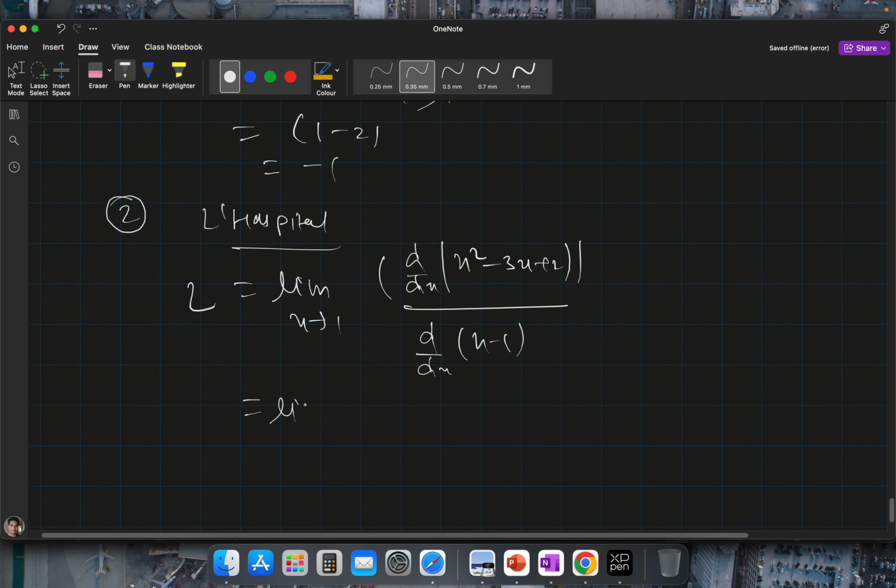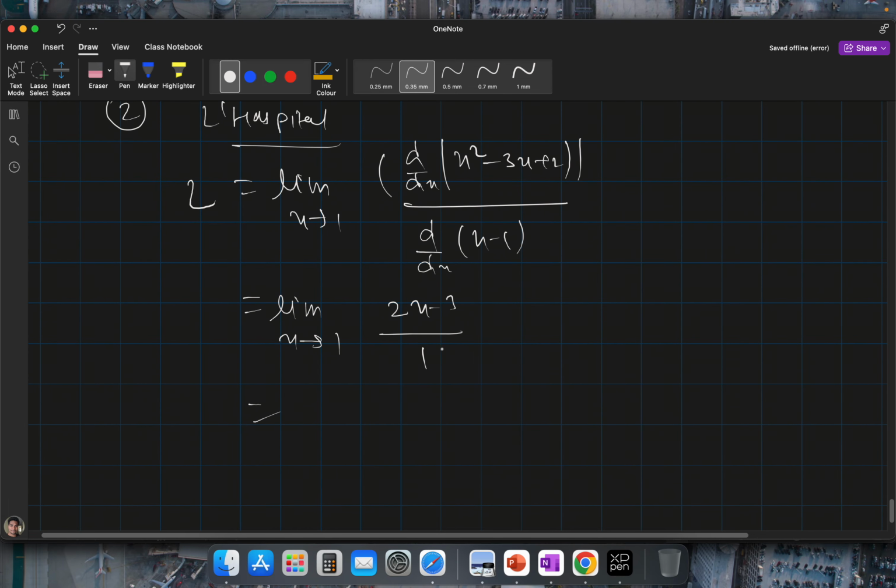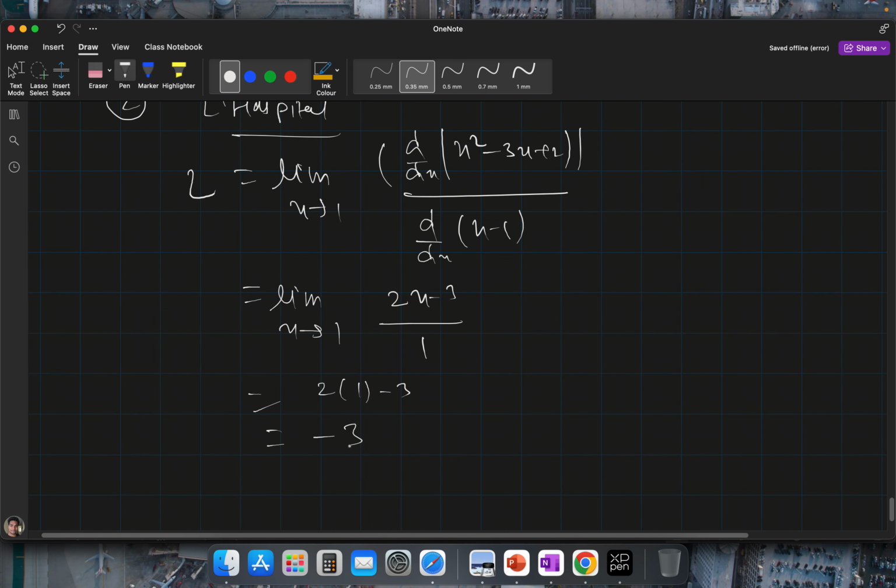So you will get 2x minus 3 divided by 1. Now you can see that this is not 0 by 0 form, so you can directly substitute the limit. That will be 2 into 1 minus 3. The answer will be minus 1. So this is the second way to do that.